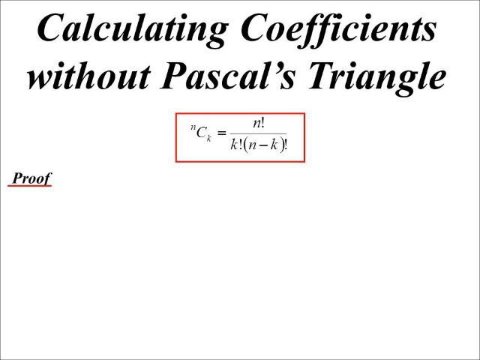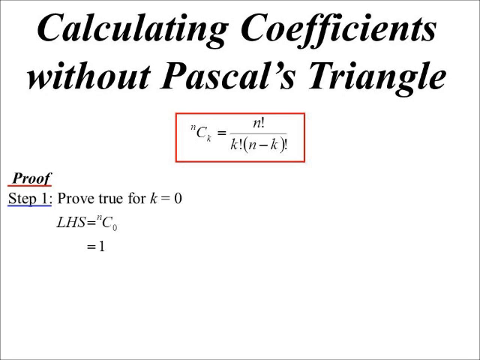We couldn't prove it last year because when we first saw it, it was back in term 1. But now that we've seen induction, we can prove this to be true. So the first step is going to be for k equals 0, because the first term is nC0. And we have in our Pascal's triangle relationships stated that nC0 equals nCn, which is always equal to 1.